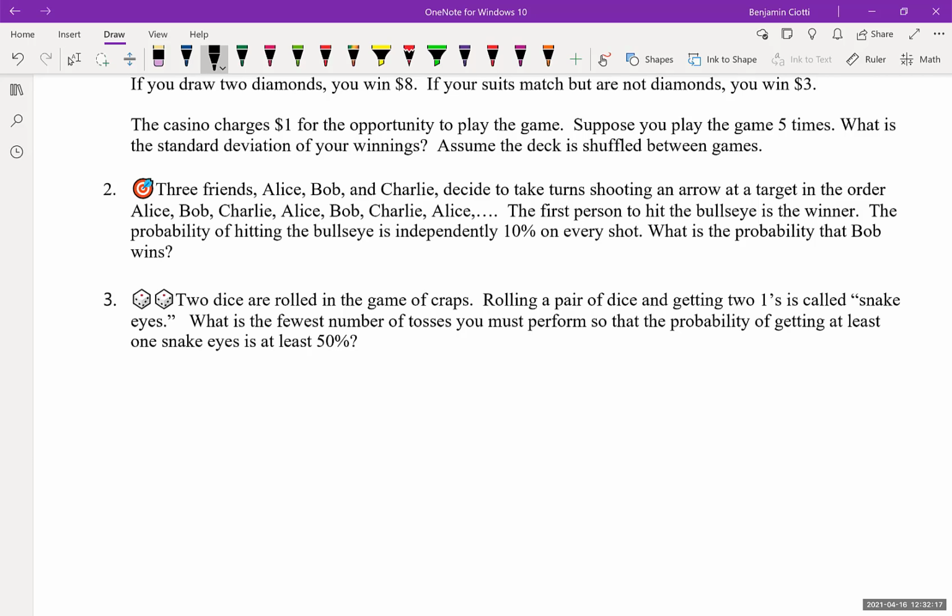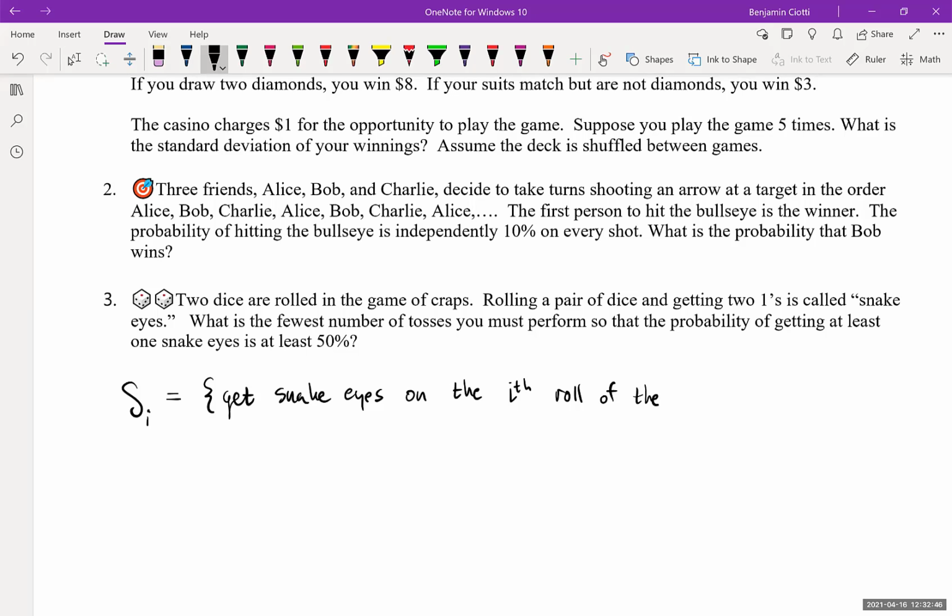And yeah, since we're doing multiple rolls, let's let S_i be the event that you get snake eyes on the ith roll of the 2 die. You always roll 2 of them at the same time, by the way.